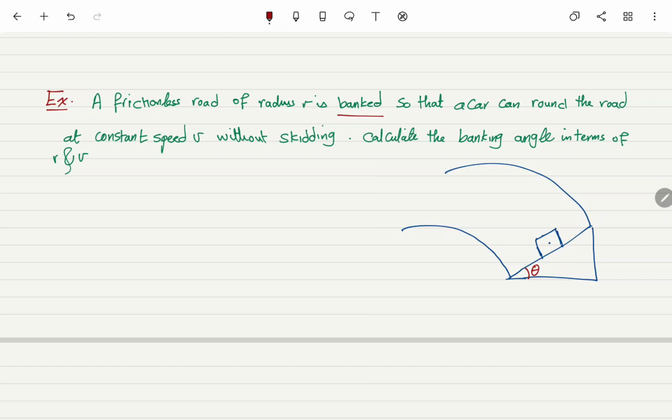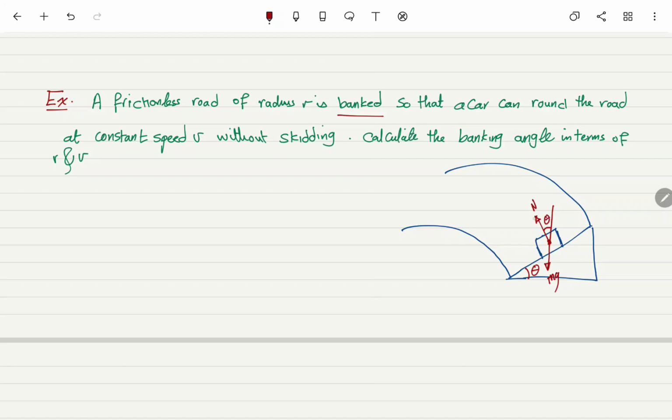Now to solve this example, let's do the free body diagram. The weight is directed this way, the mg, and the normal is directed here. In the previous lectures, we rotated the xy coordinates to match with the normal, and we analyzed the mg. The situation here is different. We will analyze the normal force, and if this is theta, with a little bit of geometry, this will be theta as well.